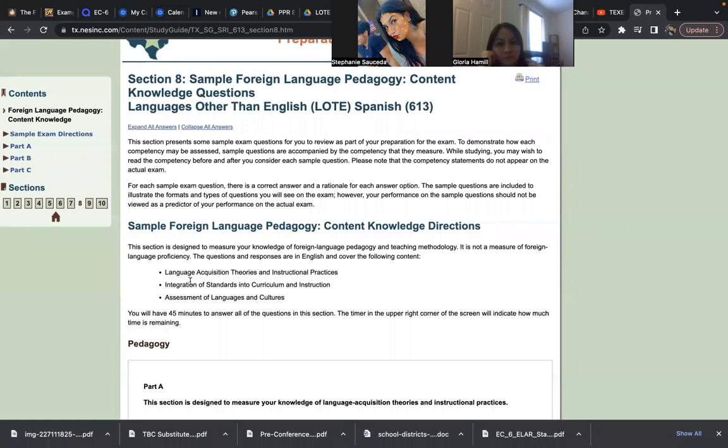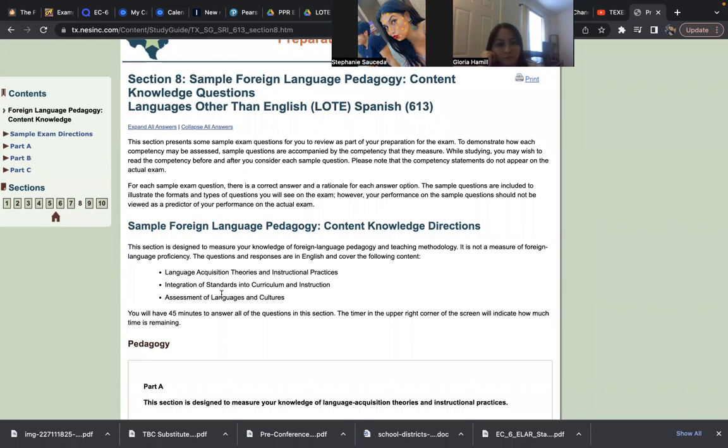This section also covers the integration of the standards in curriculum and instruction. So, your integration of your content standards and applying them in your curriculum and your instruction.